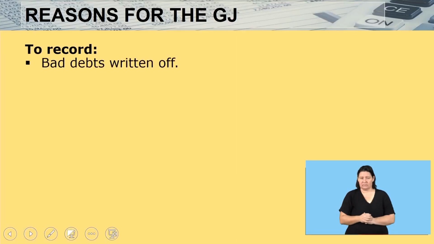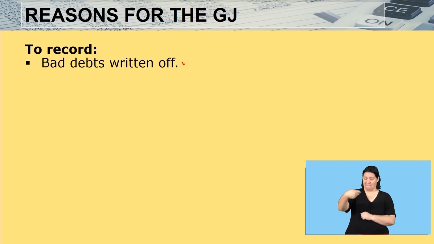Okay? After we have defined our general journal, it is important that we understand the reasons for the general journal. And the first one is to record bad debts written off. I will explain what that is.